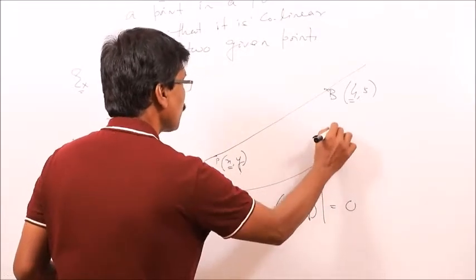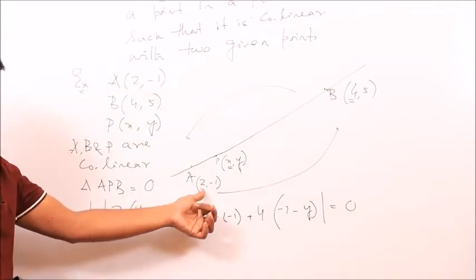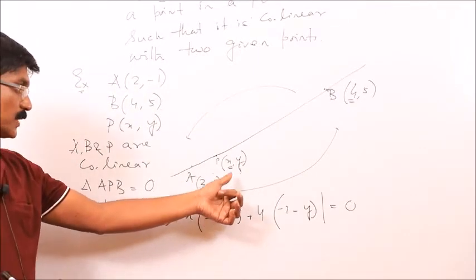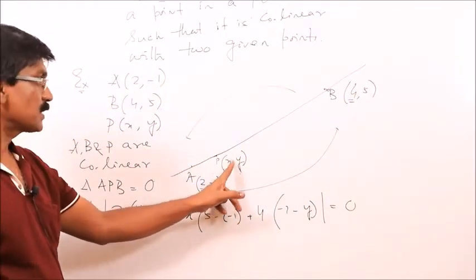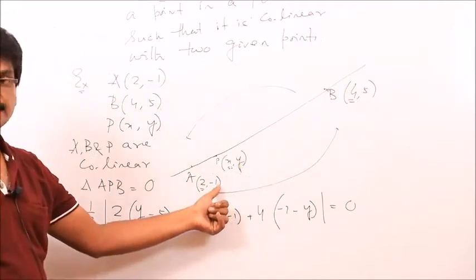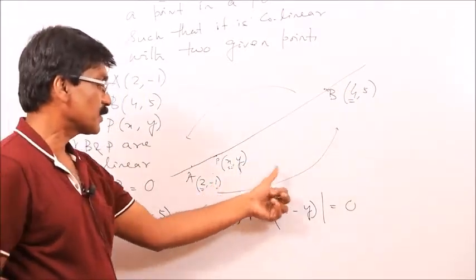So we move accordingly: 2 into (y minus 5) plus x into (5 minus -1) plus 4 into (-1 minus y) is equal to 0.